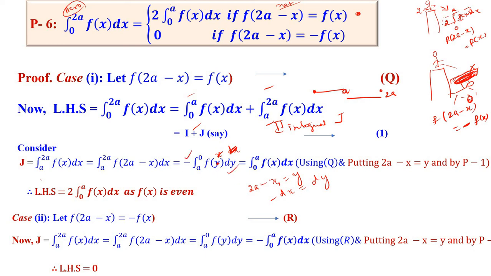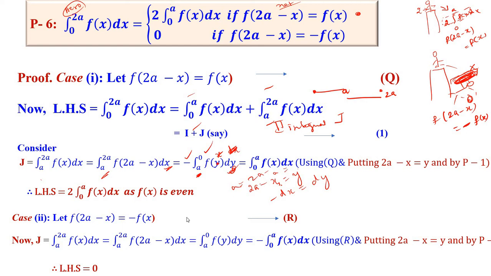And when x takes the value a, 2a minus a will give you a, so your y takes the value a. And when x takes the value 2a, you get 0. So integral a to 0 f of y dy, and you can make use of property 1, and you have integral 0 to a f of x dx, and that is your LHS.